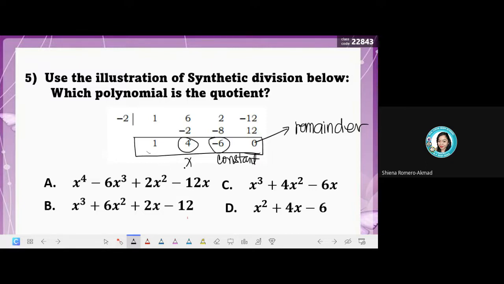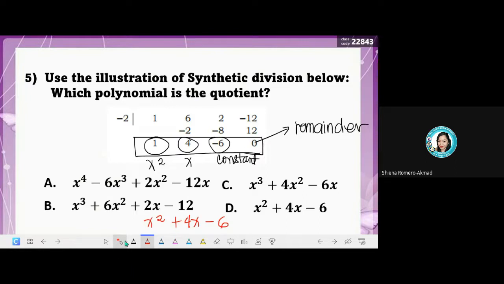Yes, tama, x. And positive 1 is the numerical coefficient of x squared, yes. So, ano yung magiging answer natin? Ang magiging answer natin is x squared plus 4x minus 6.